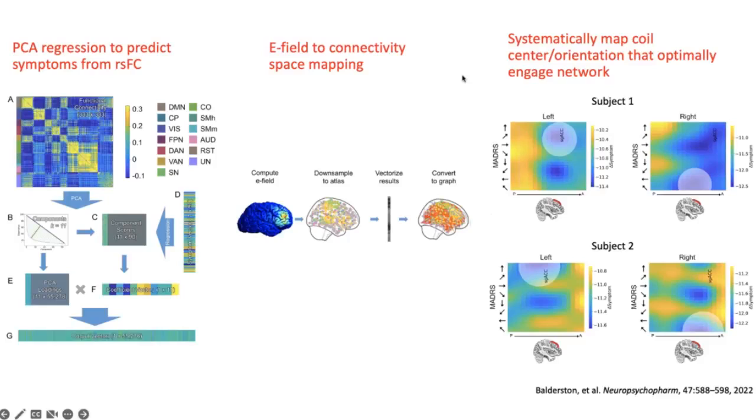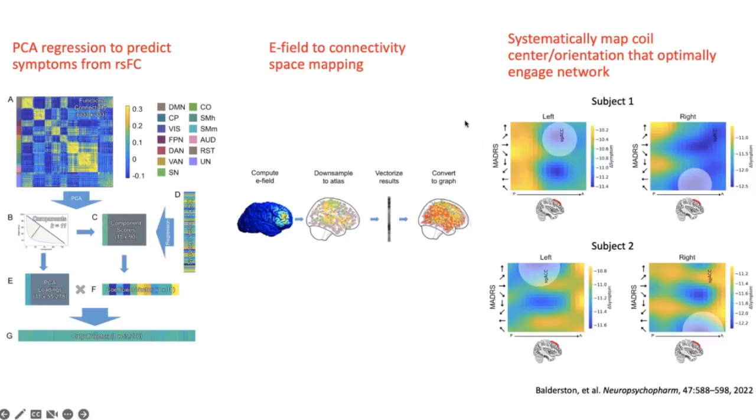In the third step, you can then systematically examine different coil locations as well as orientations that would modify the functional connectivity in such a way that, in the feature space, also produces a maximal change in the clinical symptoms. So here on the right, I'm showing you heat maps from individual subjects in the optimization grid space.